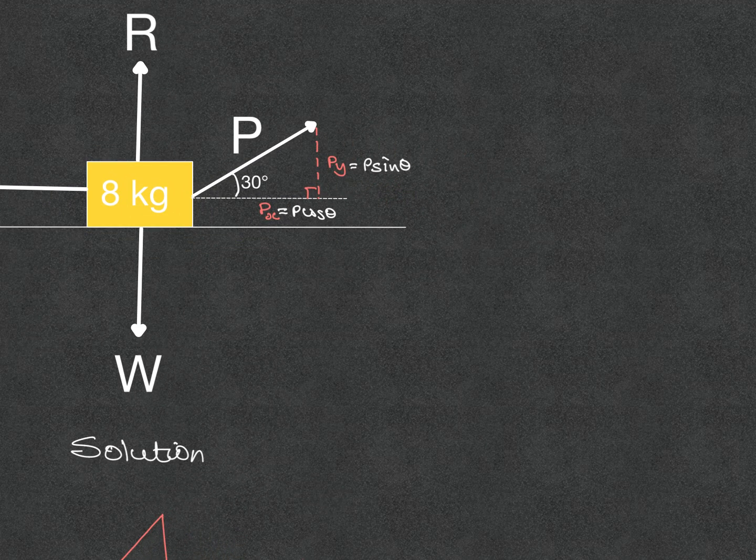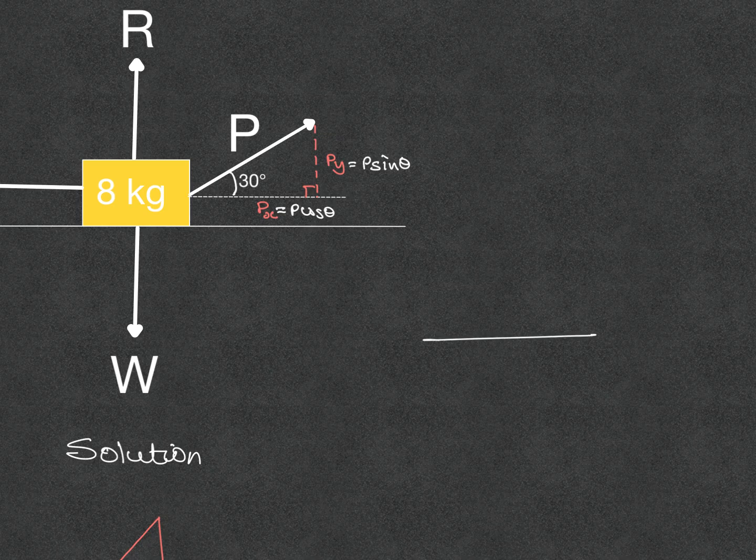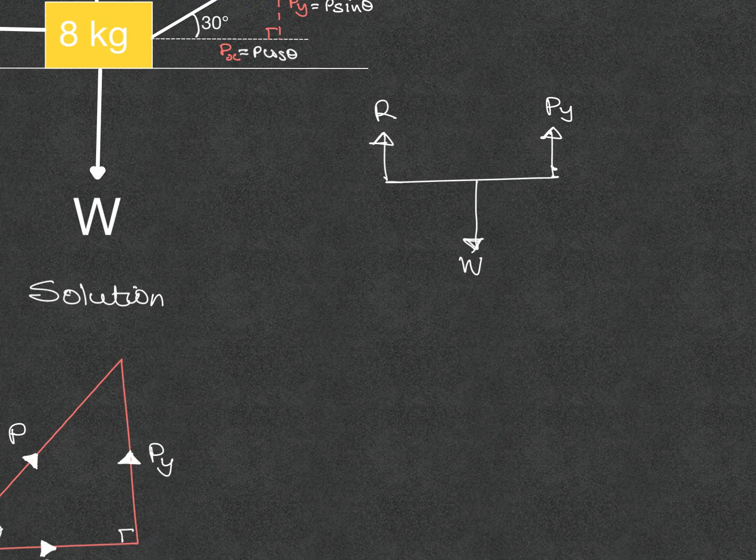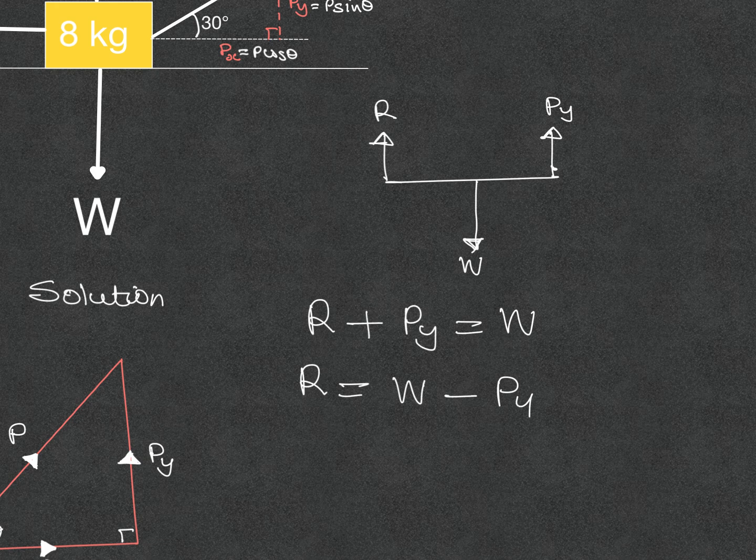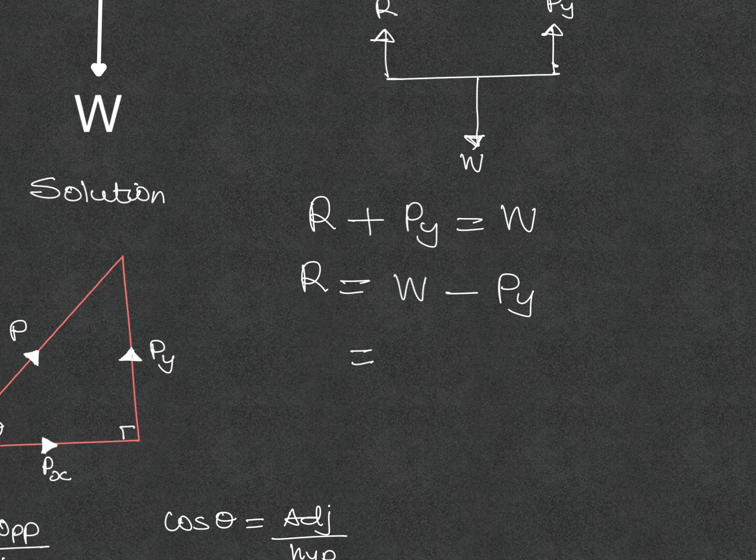For this diagram, we'll have two vertical forces. We have the normal reaction and Py acting upwards, and we have a vertical force acting downwards, which is the weight. So from Newton's third law, R plus Py is equal to the weight. That is, R is equal to the weight minus Py. What is weight? Weight is mass times gravity, minus Py, which is P sine theta.